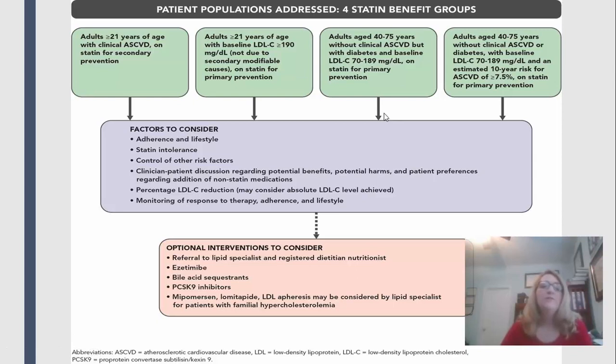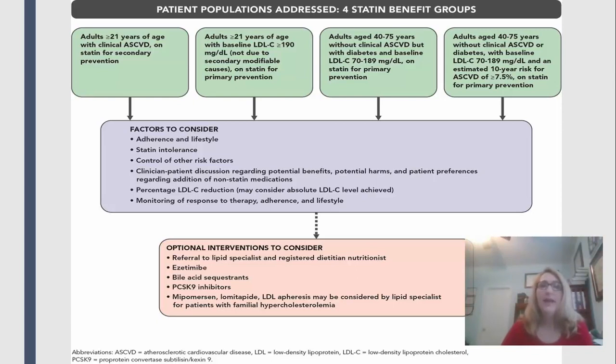You want to look at these factors to consider when you're talking to patients. Adherence and lifestyle. So we're back to lifestyle again, and are they going to take the statin if you prescribe it for them? We'll talk about that more later. Statin tolerance, that's also something. The control of the risk factors that we've already mentioned.